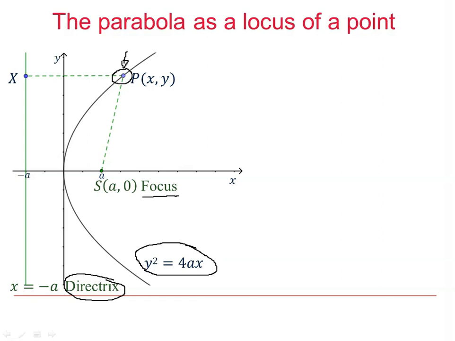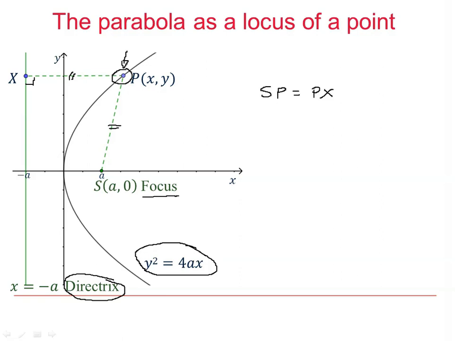Or in other words, this distance here from S to P is exactly the same as the distance from P to X. So we can say that SP is equal to PX for all points on the parabola. Notice that distance PX is at right angles, obviously, to the line. So it's the shortest distance from P to the directrix.